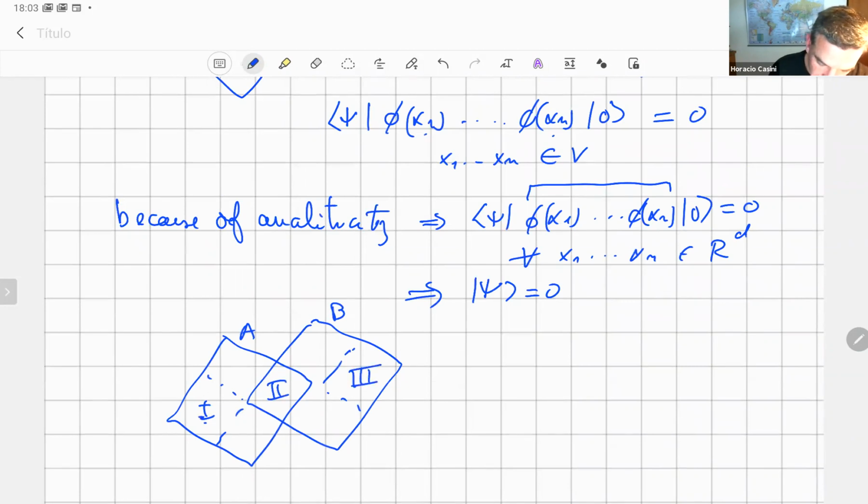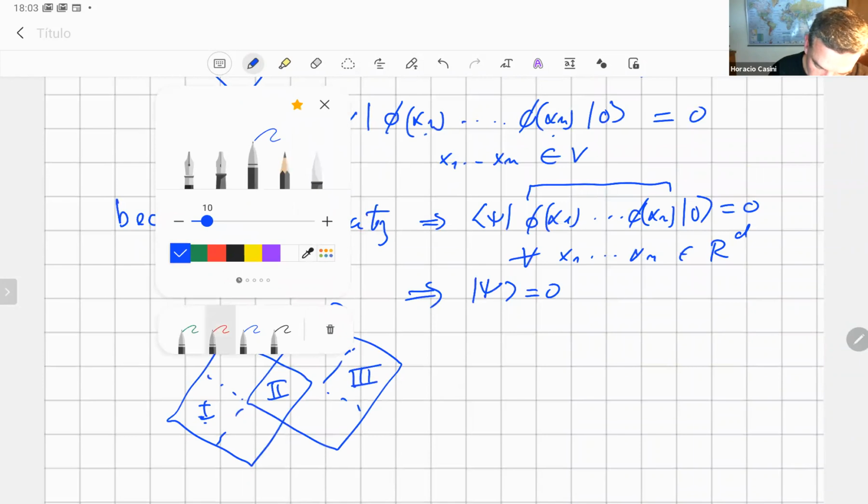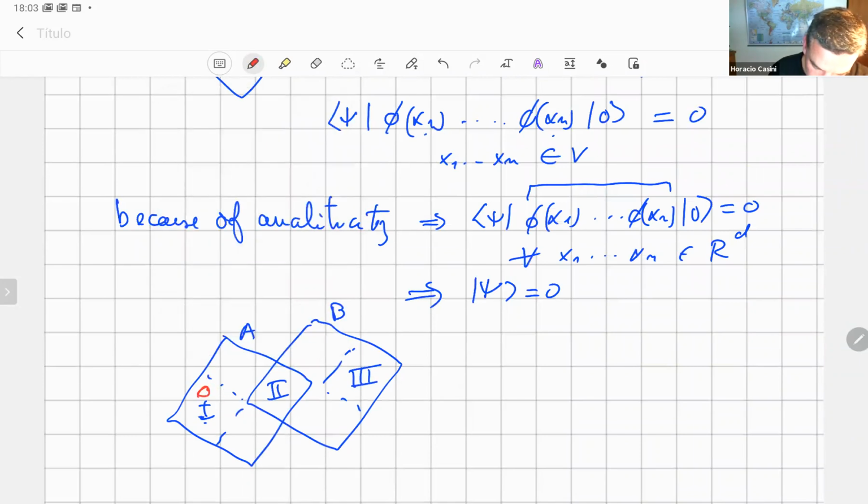Then I can act with an operator here and create basically any state in the Hilbert space. In particular, I can create a state that is entangled, let's say an EPR pair between region 1 and 3. It means that acting with local operators in region 1, I can create an entangled pair. So it means that there is some long-distance entanglement.